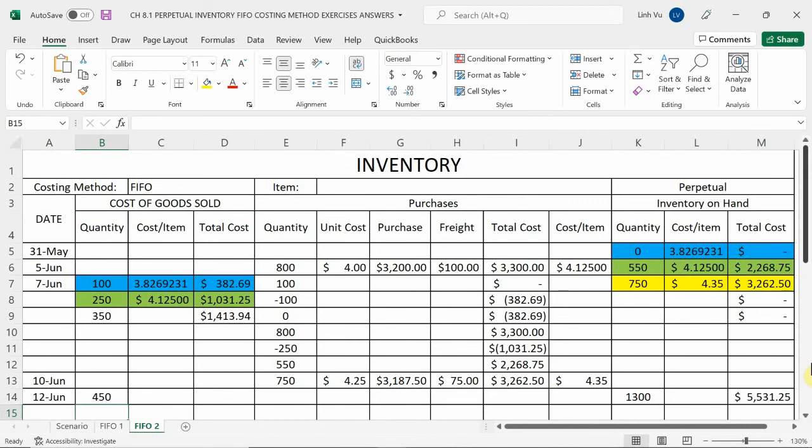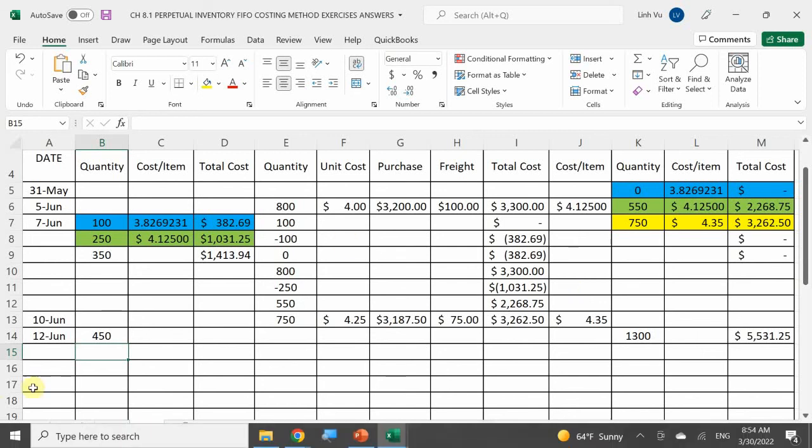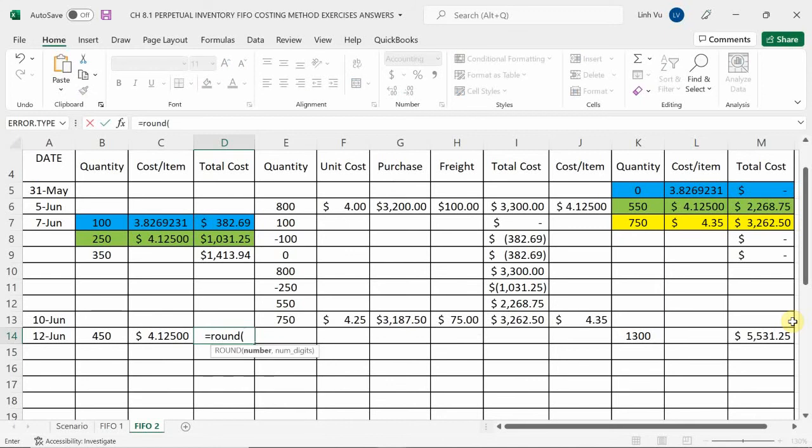Yes, we have enough, especially in the green, right? We're going in order. So in this case, we sold 450 units at what cost? 4.125. Good. So how much did it cost me to sell? What's my cost of goods sold?